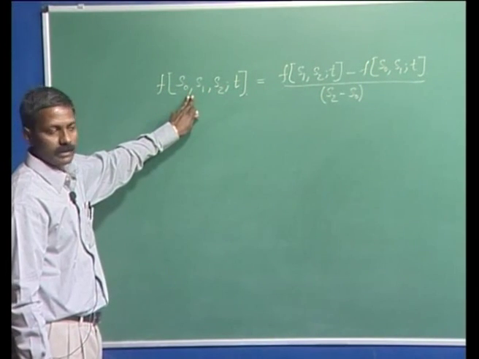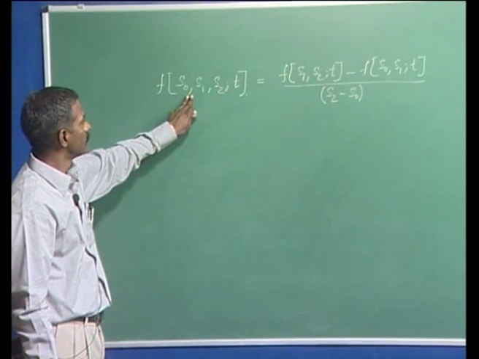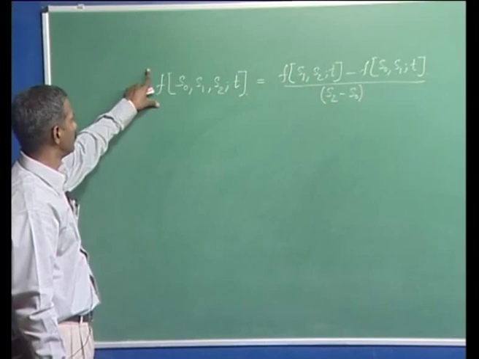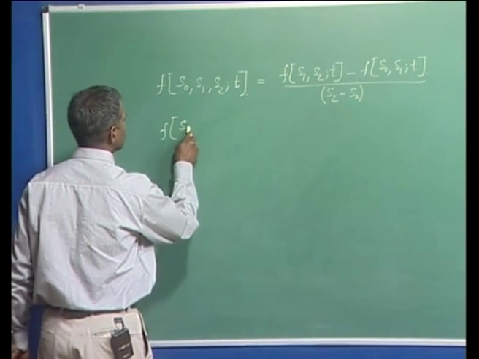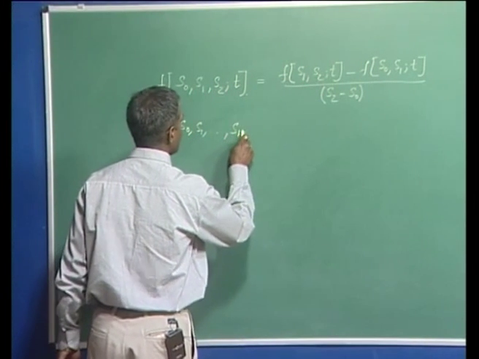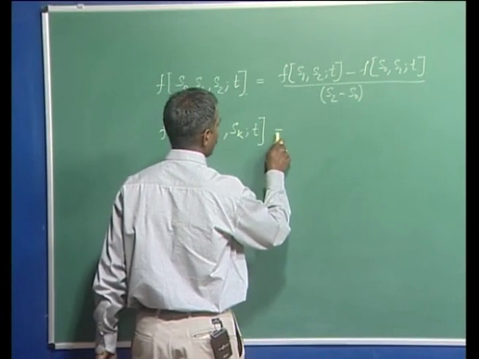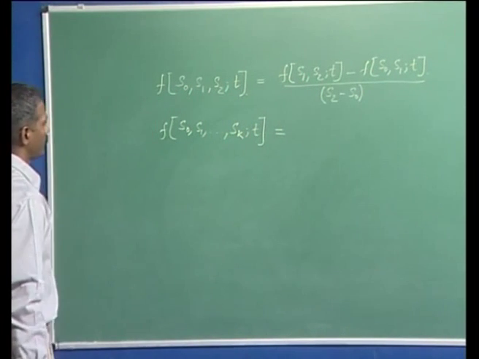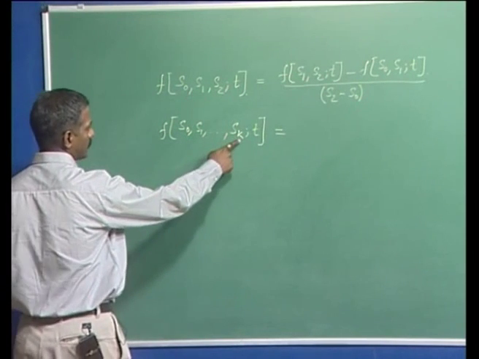It would not be very difficult, if you understand these divided differences, for you to generalize and find what f[S0, S1, up till Sk; t] would be. So, this would be the kth divided difference.